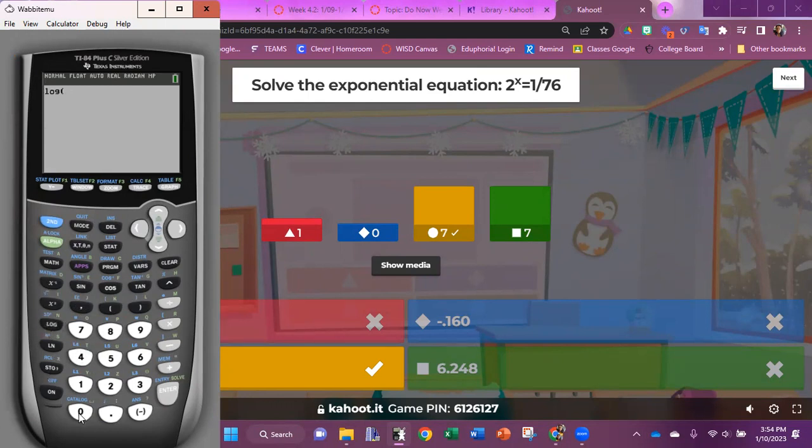You can use the common log and divide, so you have that choice, or you can press alpha window 5 and put in your base. What's my base? 2. And what am I trying to find the log of? 176. Okay. So those are your 2 options of how you could approach that.